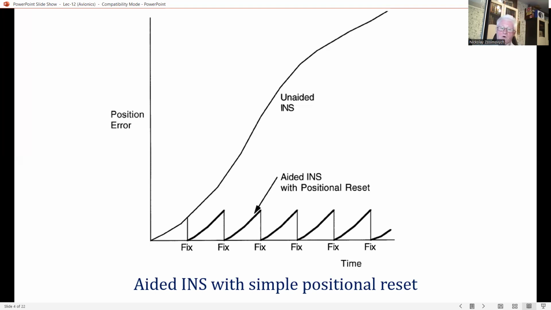The error growth is limited, but follows a sawtooth pattern. Look at the bottom part here. The amplitude depends on the period between updates and the magnitude of the velocity and tilt error.